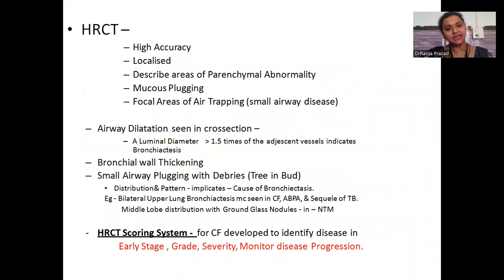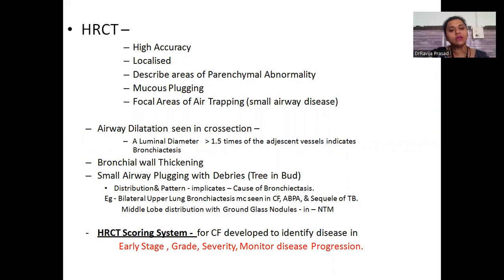Then HRCT is the gold standard, with high accuracy, localized, showing parenchymal abnormality, mucus sludge, focal areas of air trapping, small airway disease. Airway dilatation seen in cross-section, where the lumen diameter is more than 1.5 times that of the adjacent vessel, indicates this case.